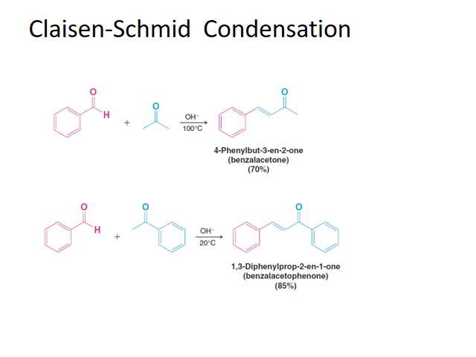Therefore, the opportunity is very high for the reaction of the enolate from the ketone with benzaldehyde. For example, here acetone with benzaldehyde gives 4-phenylbut-3-en-2-one.